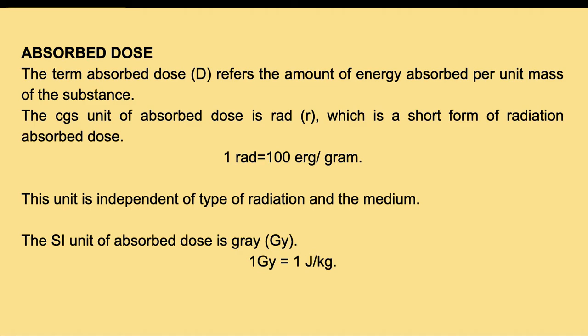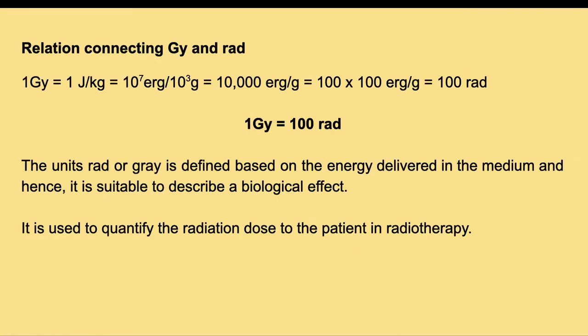So this unit, absorbed dose, is independent of the type of radiation and the medium. And the SI unit of absorbed dose will be 1 joule per kilogram. So if 1 joule is absorbed per unit mass, you can consider it as 1 gray. Gray is the SI unit; rad is the older unit, in the CGS system.